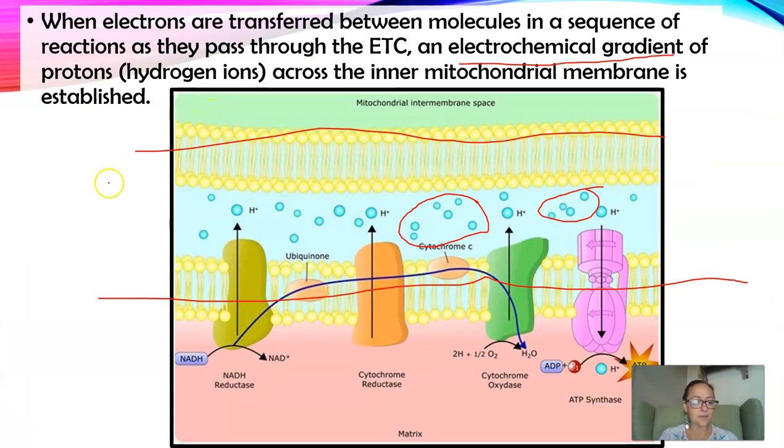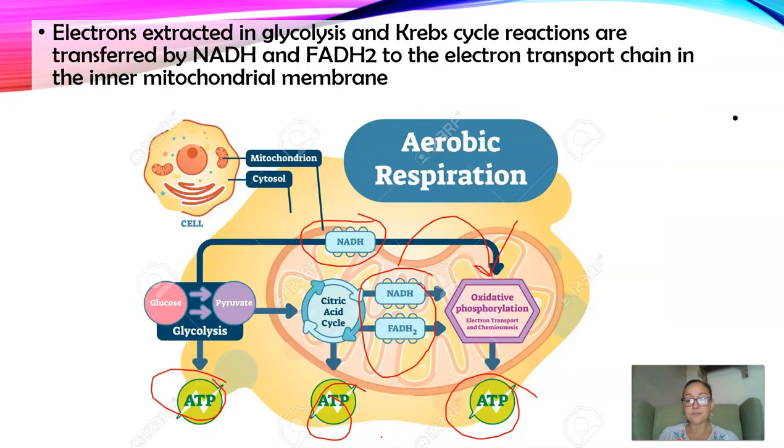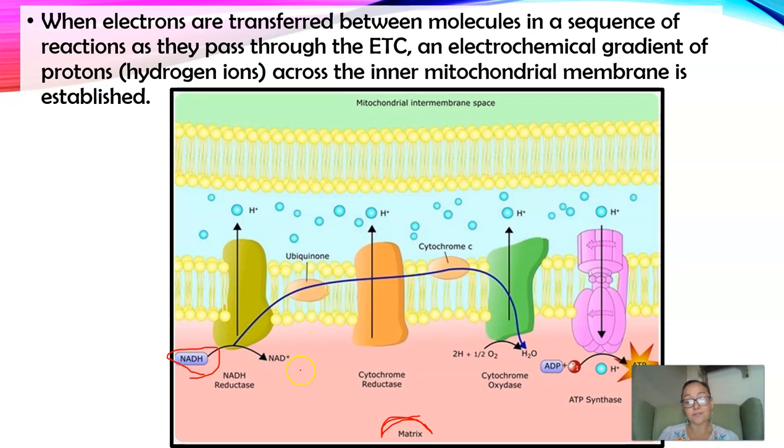Let me clear the ink and we can draw on this and make it more smooth for us to understand. So here you have these electron carriers that were produced or reduced during glycolysis and the Krebs cycle. When they arrive at the electron transport chain, a lot of them are already produced in the matrix. The Krebs cycle happens in the matrix of the mitochondria, and that's kind of where this is already occurring. So we're going to oxidize the electron carriers.